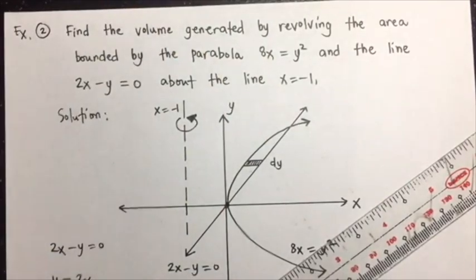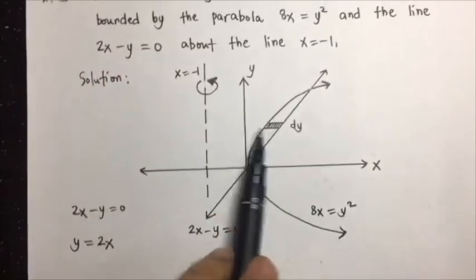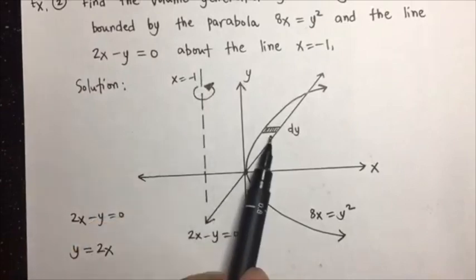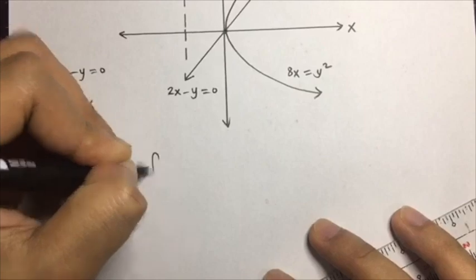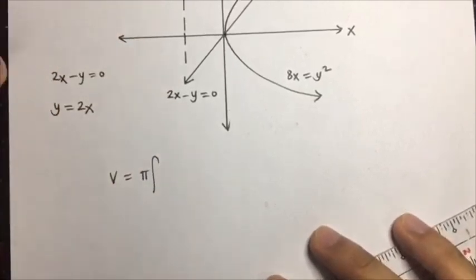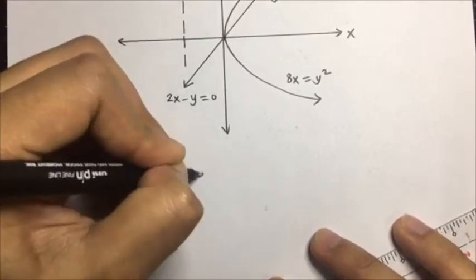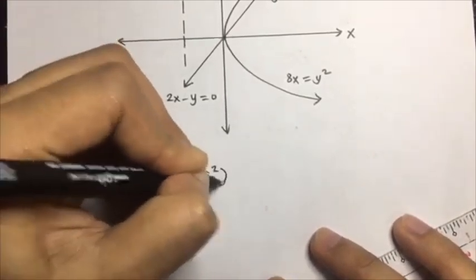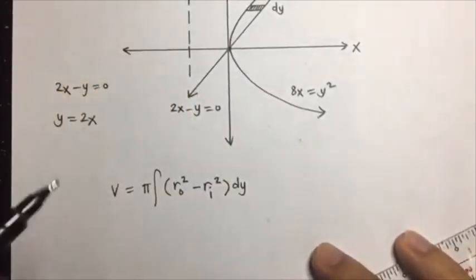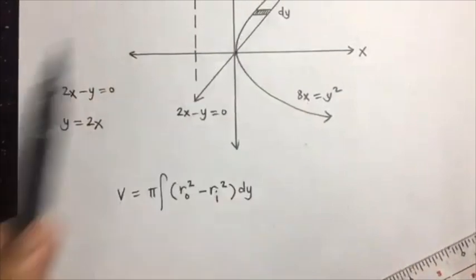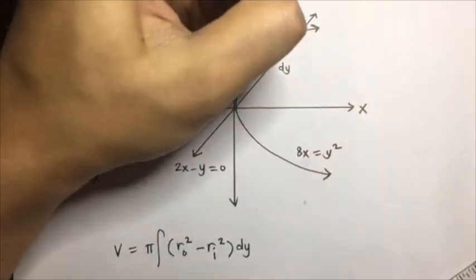So the formula for a circular ring is V is equal to pi integral of outside radius squared minus inside radius squared, dy, from limits we don't know yet, so we will need to solve for the intersections.